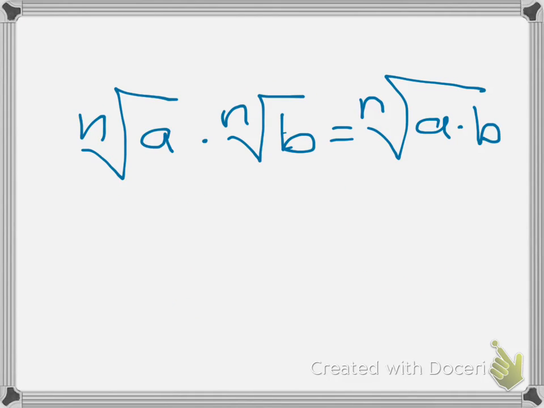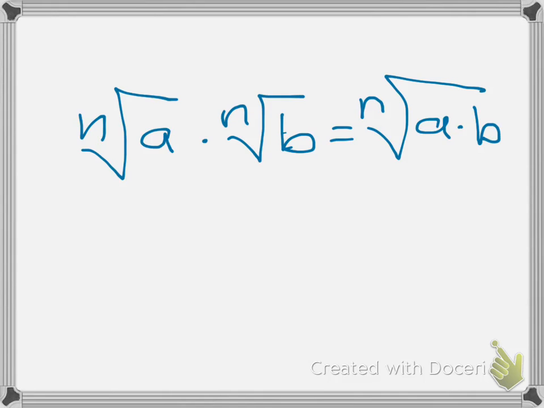First of all, we have a rule that you need to keep in mind. Anytime you are multiplying two radical expressions together, they have to have the same index, so they have to be the same type of root in order for you to be able to use this rule. If you're taking the nth root of two real numbers, a and b, and you're multiplying those two roots together, then that is the same thing as taking the nth root of the product of a and b.